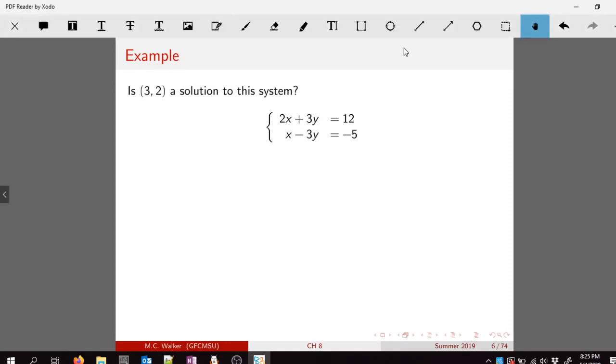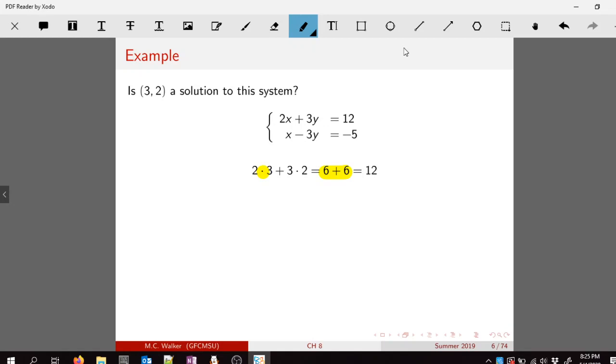So what about the values (3, 2) in this system right here? 2x plus 3y is equal to 12, x minus 3y is equal to -5. Are these solutions? Well, we're going to start by substituting into the first equation. We'll have 2 times 3 plus 3 times 2.